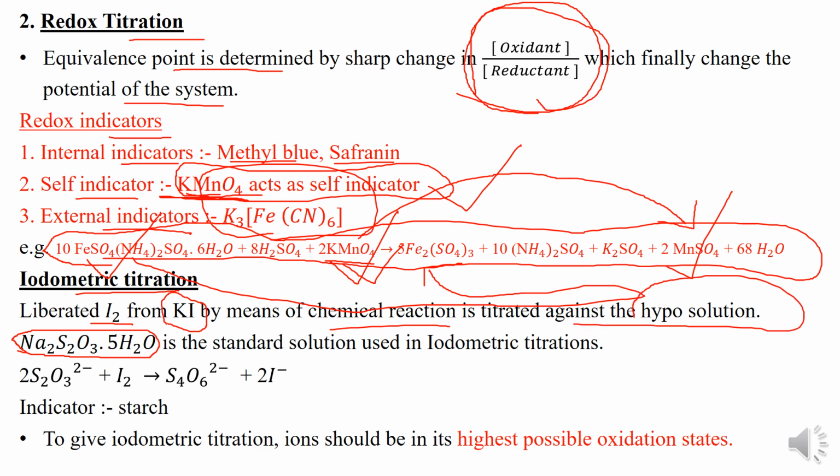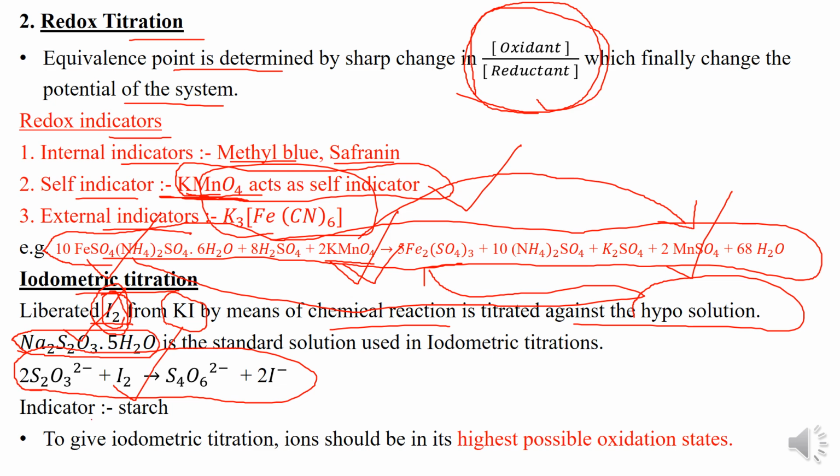Iodine is liberated either from potassium iodide or any other compound or element whose strength is going to be determined. This liberated I2 is treated against the standard hypo solution. And here is the reaction between the standard hypo and the iodine. So it is known as iodometric titration.